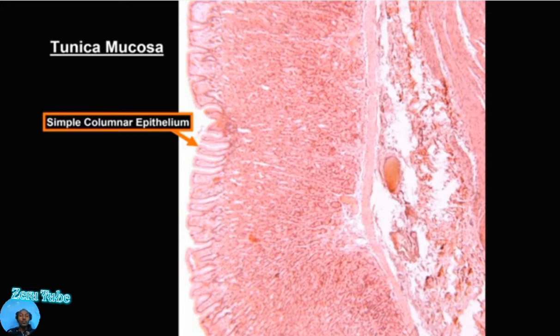እነዚህን ፎርም ያደረጉልን simple columnar epitheliums ናቸው. So the simple columnar epithelium is one layer, and surrounding the simple columnar epithelium we can get the gastric pit.